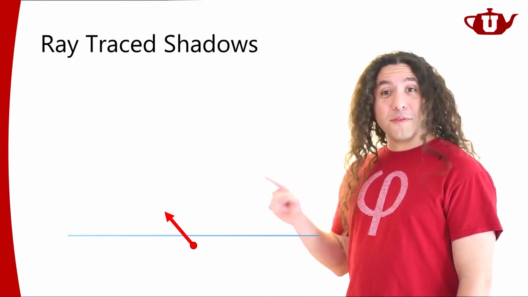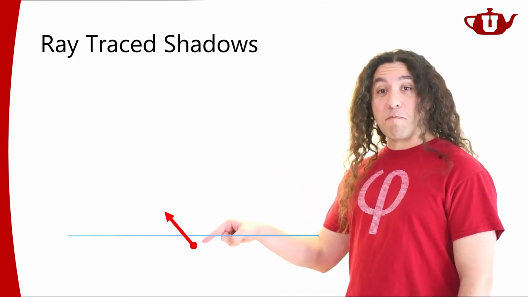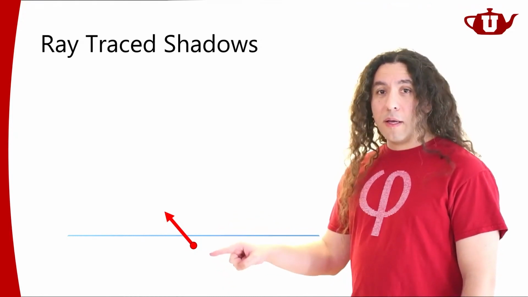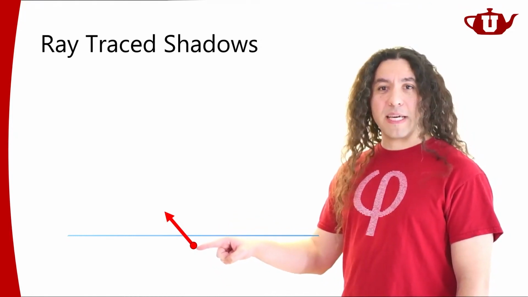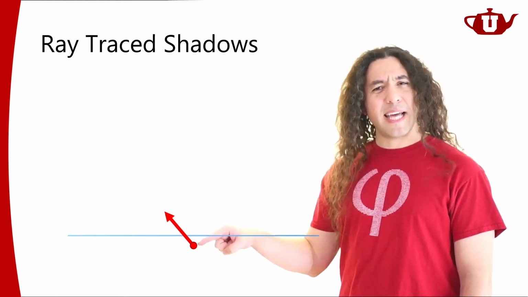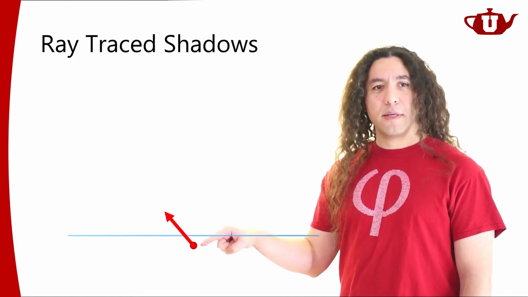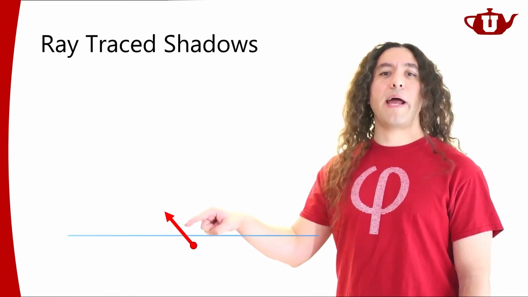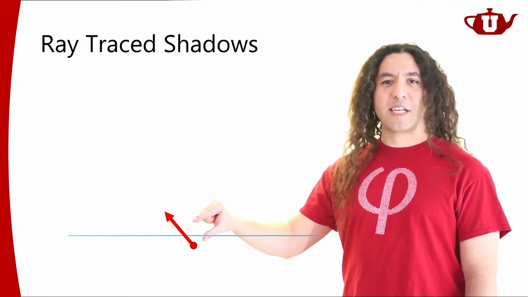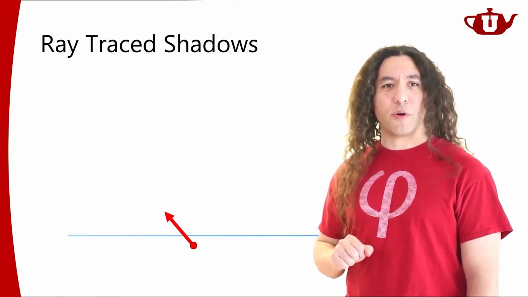So, we're going to ignore everything behind the ray, right? We don't care about that part. So we're going to start counting from this point on, but we don't have to start exactly at this point. We can start a little further out. And we can ignore intersections that are too close to this point.